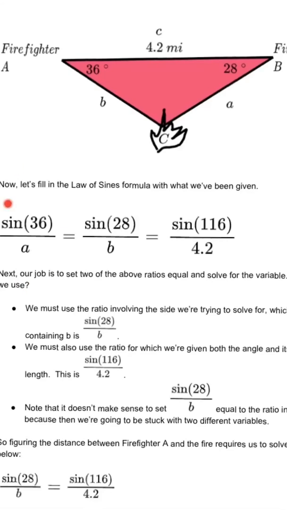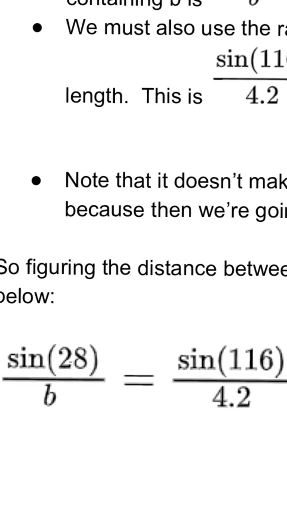That's not this ratio, obviously, because we have the 36-degree angle, but we don't have the side length across from that 36-degree angle. So we can scratch this and not even have to deal with it. So we're going to set the sine of 28 over B equal to the sine of 116 over 4.2. And now we're going to go over how we actually solve for the value of B.